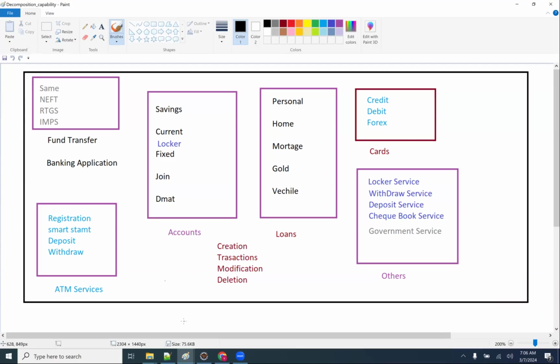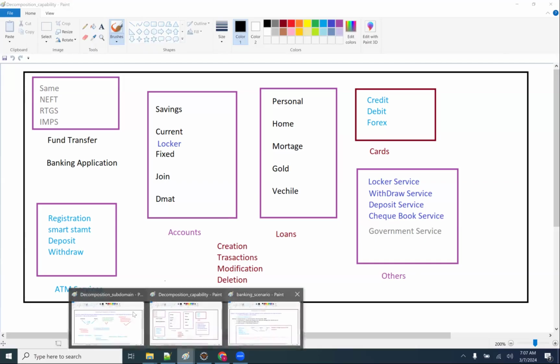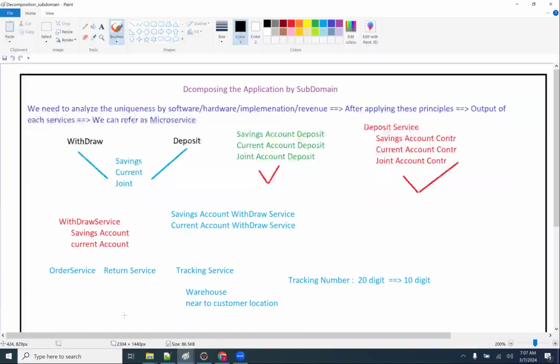on the capability, but we cannot guarantee that every capability is a microservice. We cannot guarantee that, right? That's why we have the next level of drilling, sub-drilling, where we analyze the uniqueness of each and every capability.